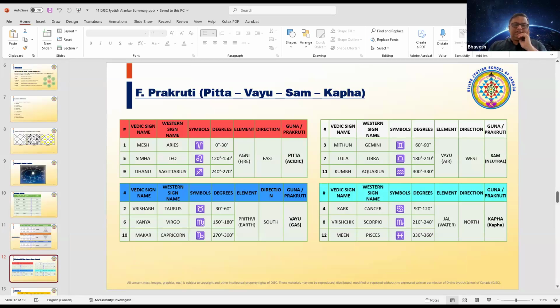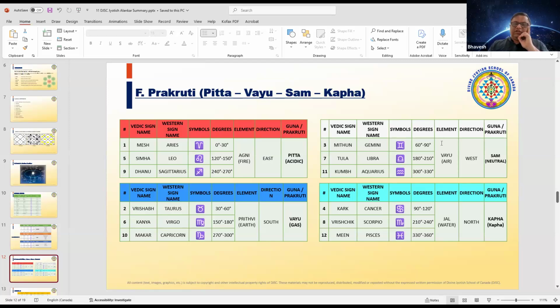There is another categorization of each rasi into different elements, direction, and guna. Basically, the 1, 5, 9 Trikon house is the first Trikon, which is the Agni Trikon, or we can say it's a fire sign. And then the direction is east and the guna is Pitta.